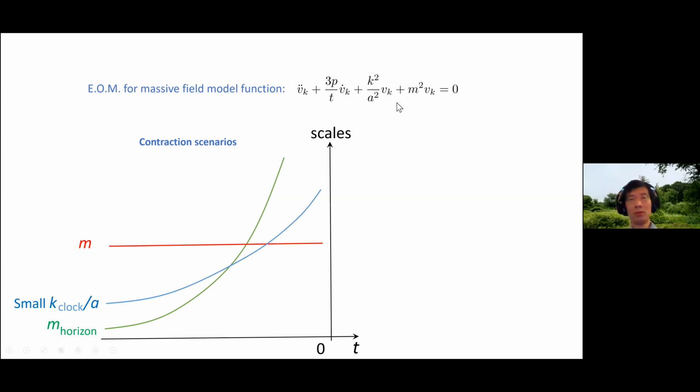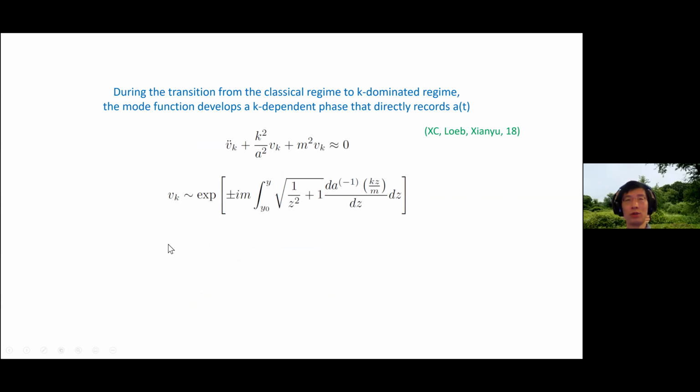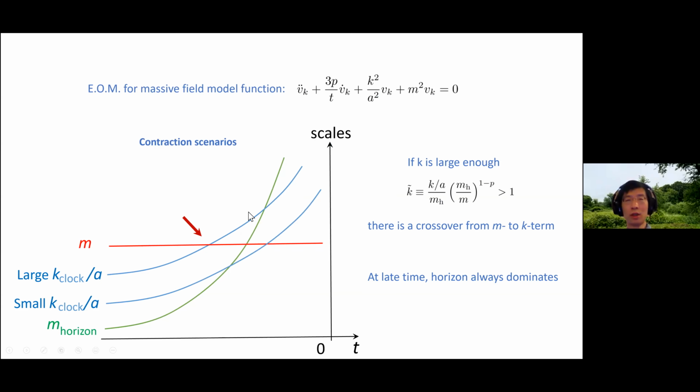They're below both scales. But if we make K large enough, specified by this combination, larger than 1, in some intermediate period for the massive field, the K term becomes dominant. And there's a crossover between the M dominant regime and the K dominant regime. So this crossover is important. Eventually, the horizon scale will always dominate, just because all modes exit the horizon.